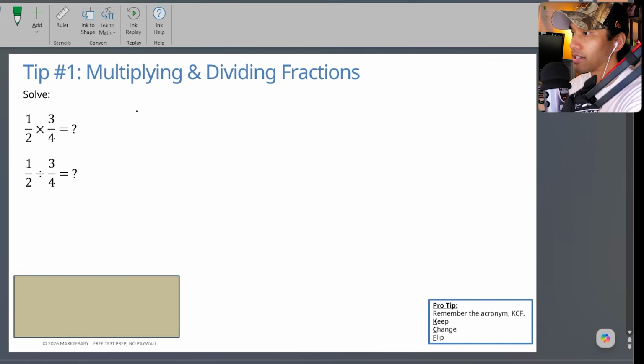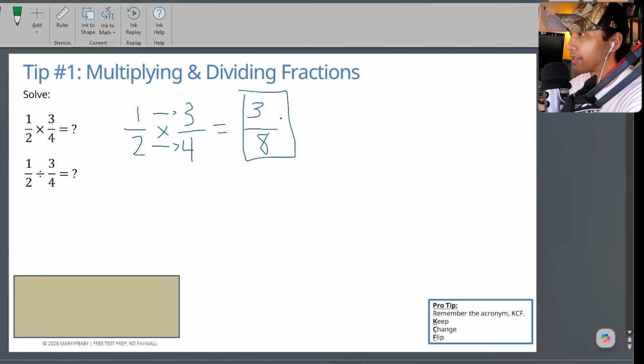So for this, it's just 1/2 times 3/4. All we have to do is multiply across. What is 1 times 3? That's 3. What is 2 times 4? That's 8. Easy. We got the answer for this.